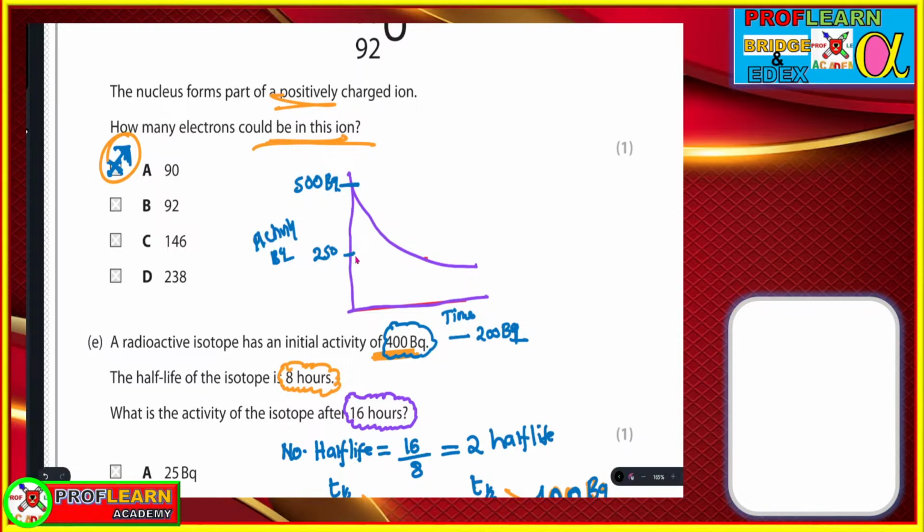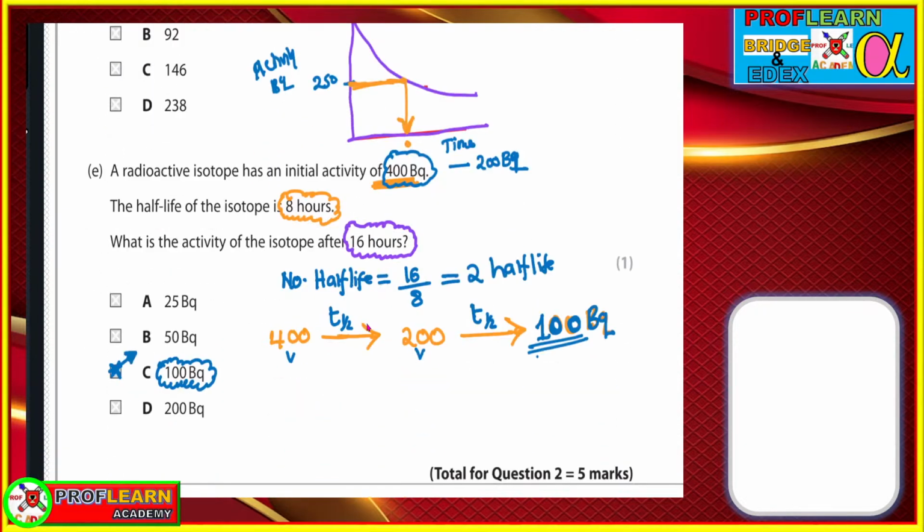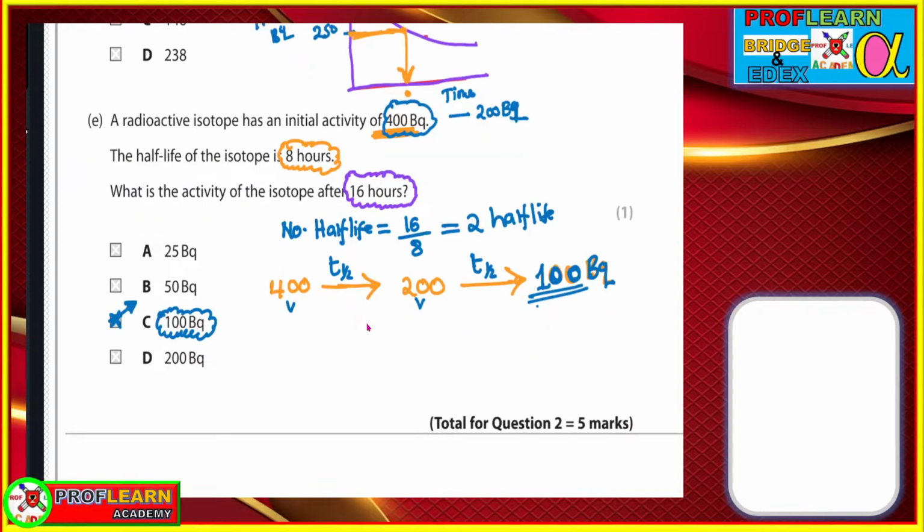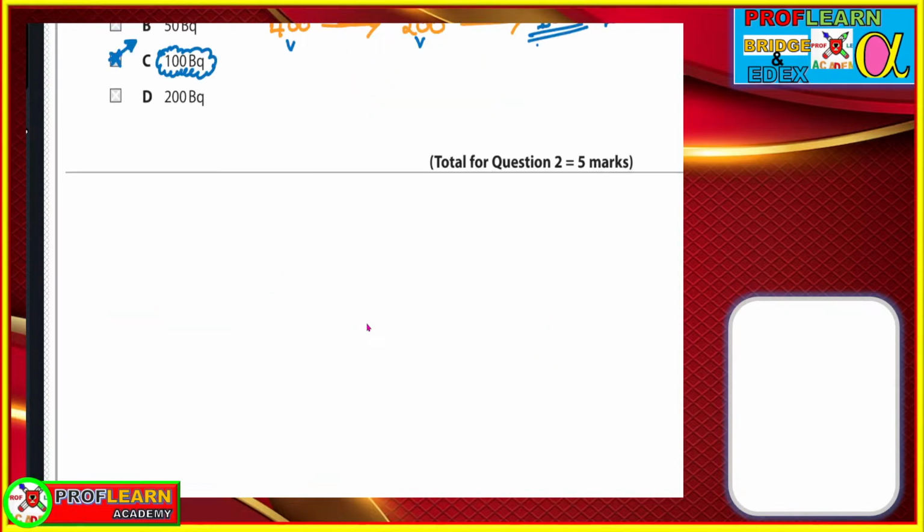Then we are going to draw a straight line. We check where we meet the graph, and then we read the value down here. This is going to be our half-life. The value that you'll have down here is going to be our half-life. So basically that's what you are supposed to do in that particular question.